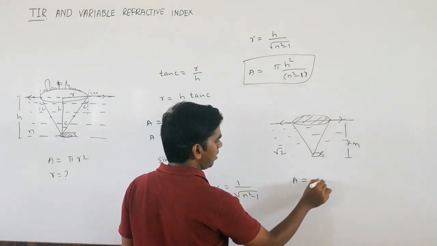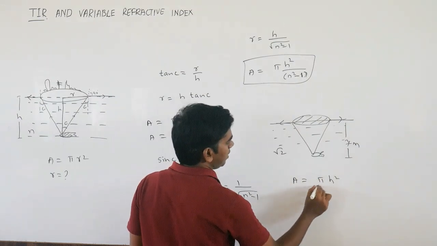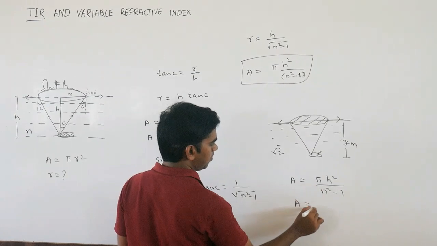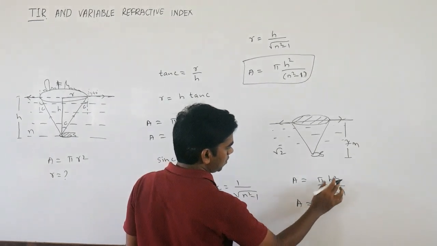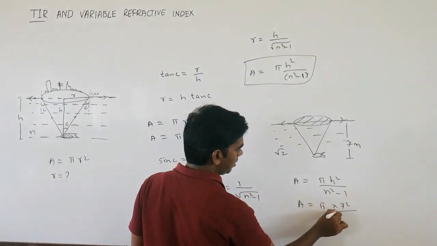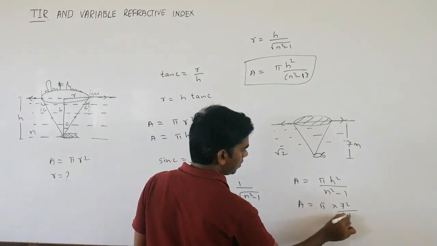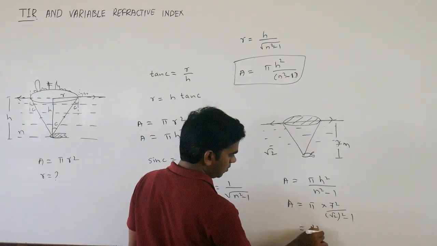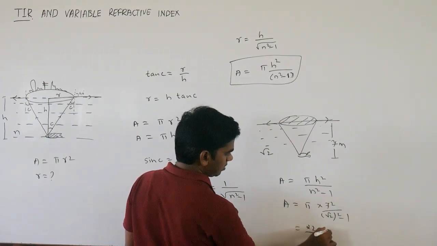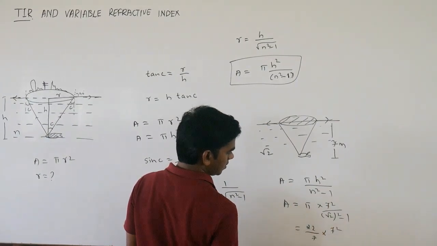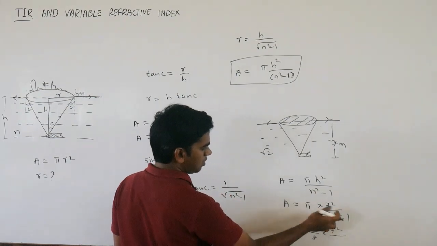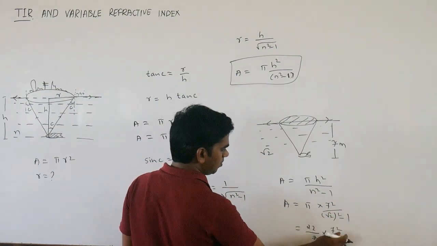So what can you write? Pi h square divided by n square minus 1. So area equals pi, as it is, times h square, which is 7 square, divided by root 2 square minus 1. Pi is 22 by 7, so 7 square I will write as it is. Root 2 square will be 2, and 2 minus 1 is going to be 1.